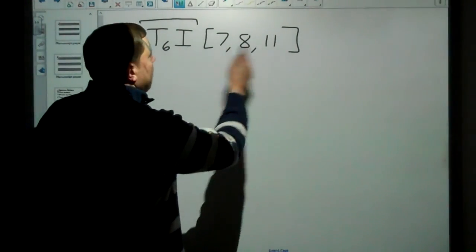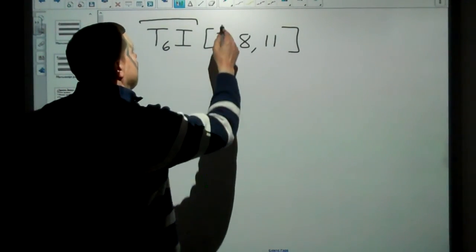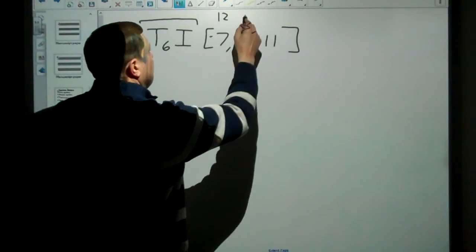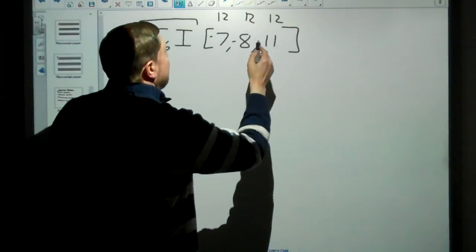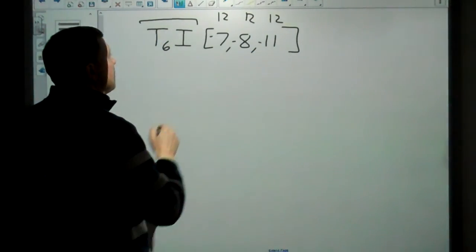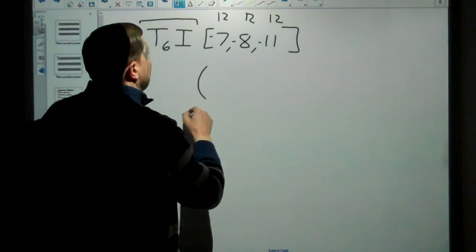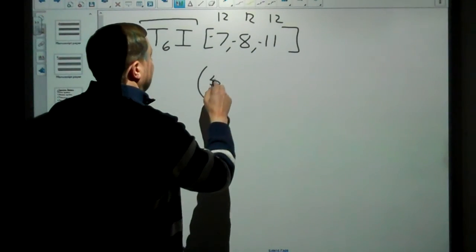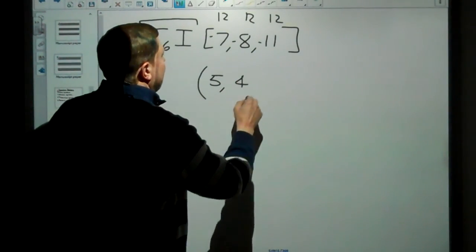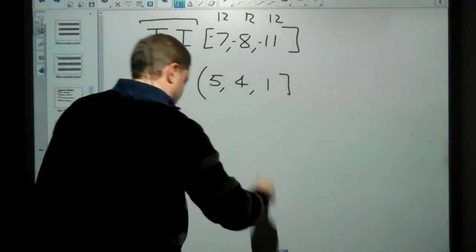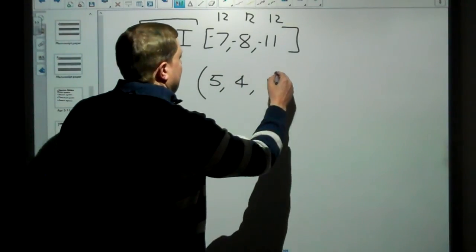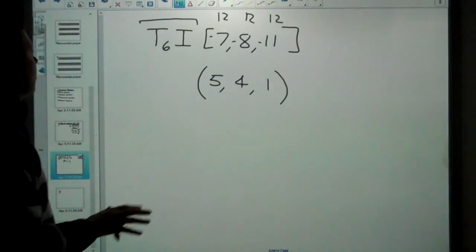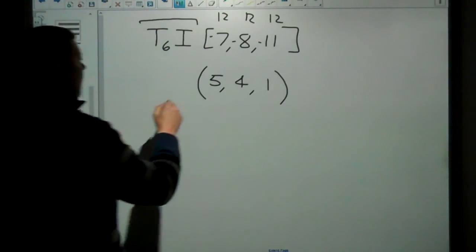So, subtracting all these integers of the original set from 12, once again, should give me a set that I got just a few minutes ago. 12 minus 7 is 5, 12 minus 8 is 4, and 12 minus 11 is 1. And again, inverting a set knocks the set out of normal order.